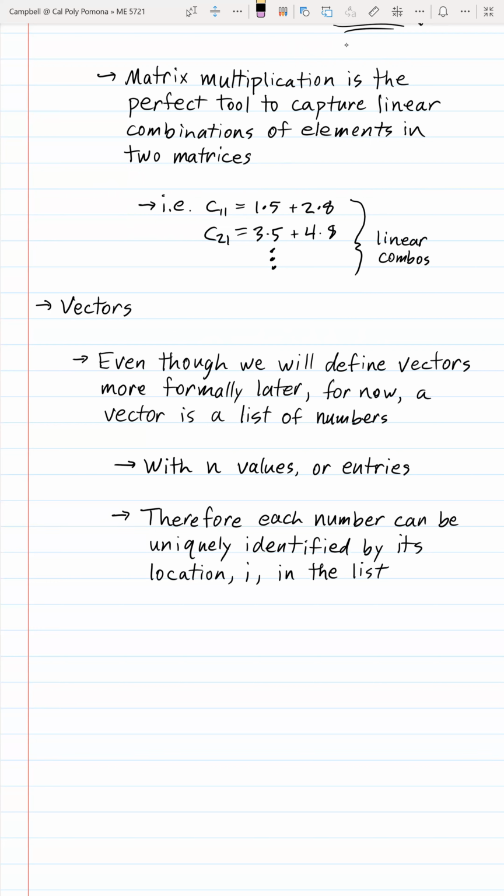And so we can see then that this idea of a vector is slightly different than the idea of a matrix, where a matrix is this two-dimensional array of numbers. We can now see that this vector is a subset of matrices where it's just a one-dimensional array.